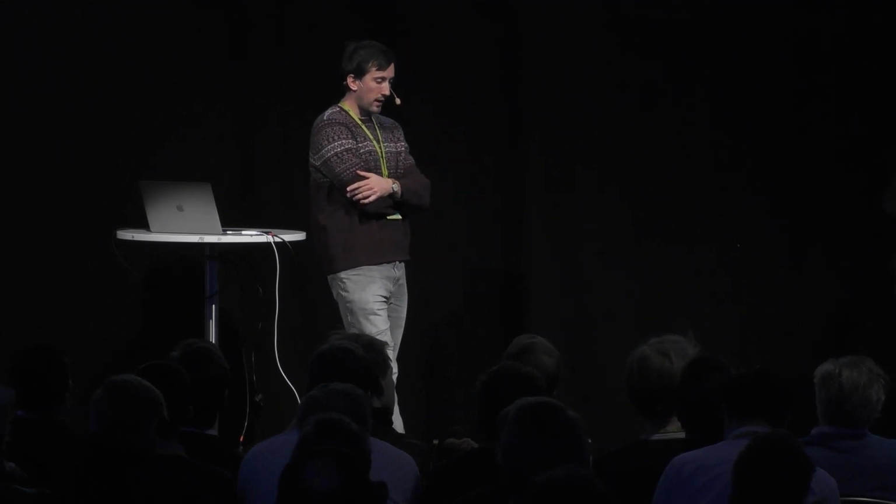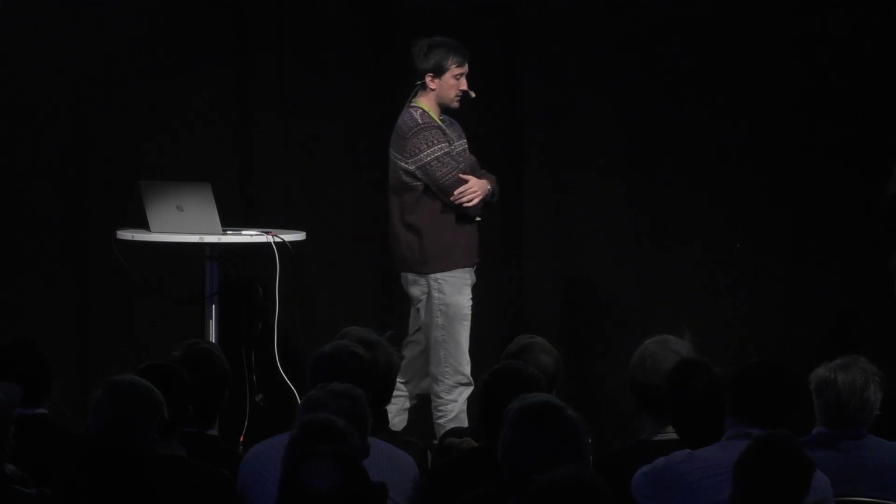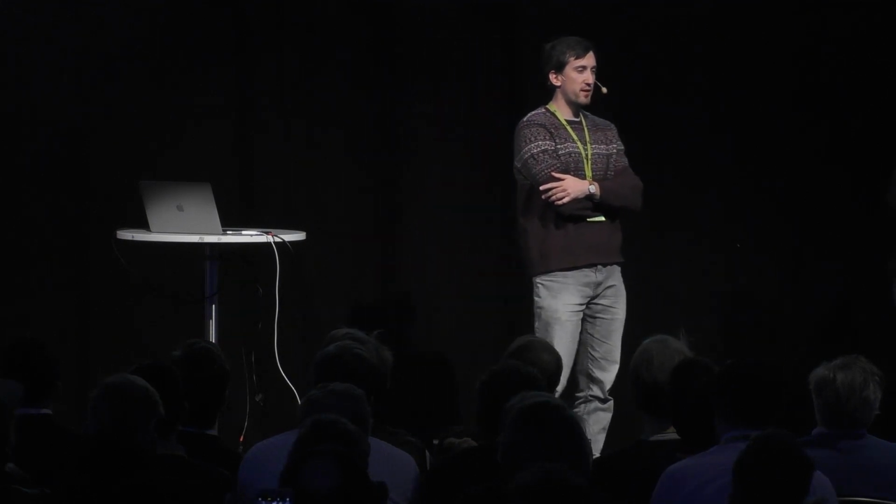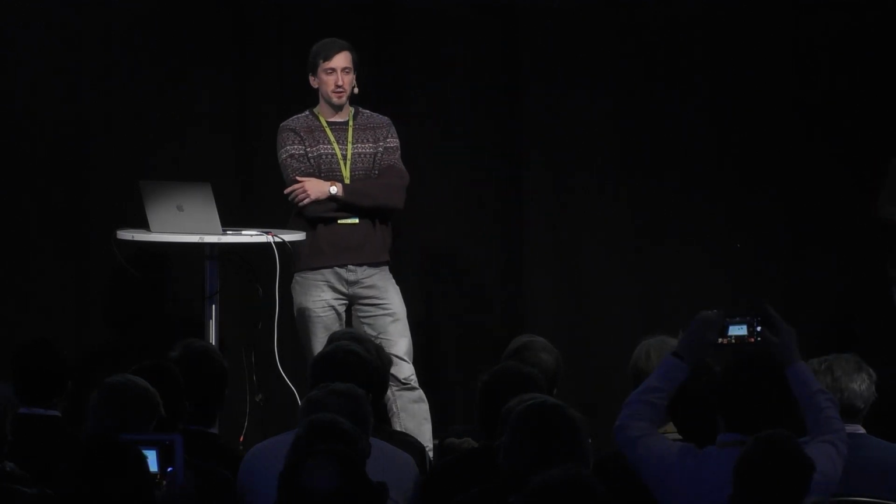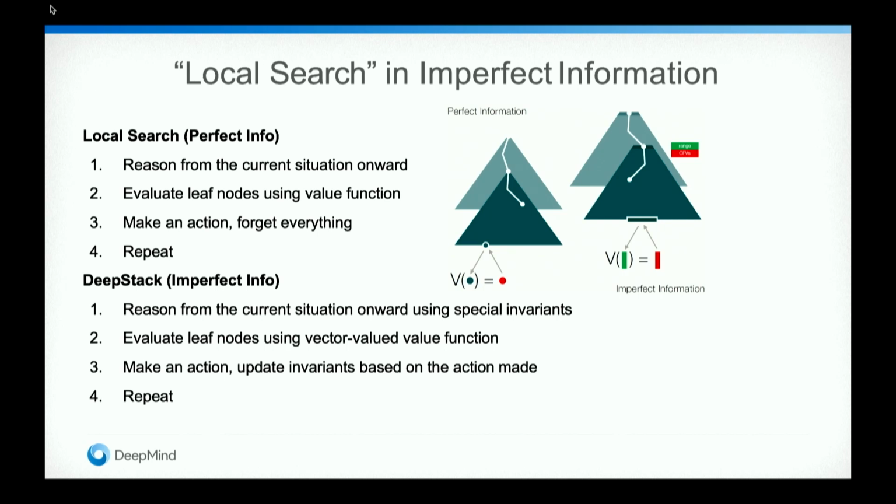To go through all the details, we would be here way longer than the entire workshop. So let me give you just a small taste of what DeepStack needs to do to fix local search. You can see the 4 points that we discussed previously when we described local search: 1, 2, 3, 4, look forward, evaluate, make action, repeat.